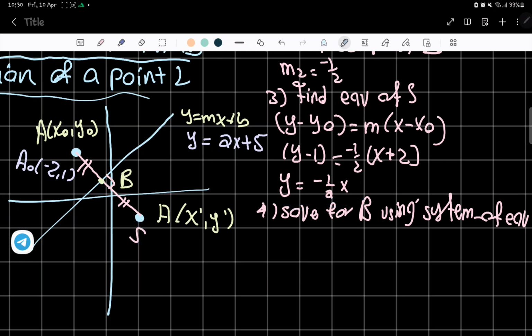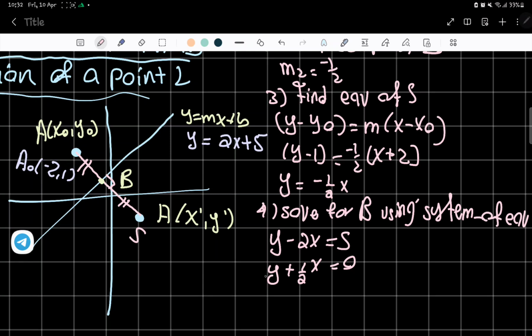Okay, so what we're going to do is solve for x and y. So here we can see y and y, so y minus y is going to be 0. Another way we can do this is we're going to set the equation in this form.